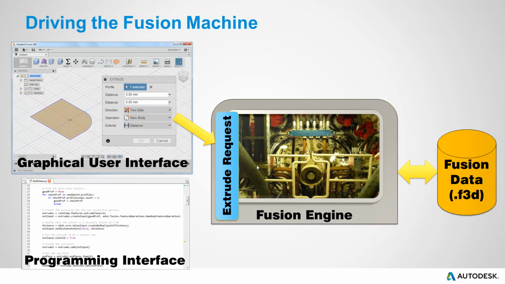All right. So the API is similar to the user interface in that I need to gather the input. Instead of having a nice dialog to guide me, the API attempts to do the same thing but through code. In my code, I'm gathering the input that is needed and defining the different settings.